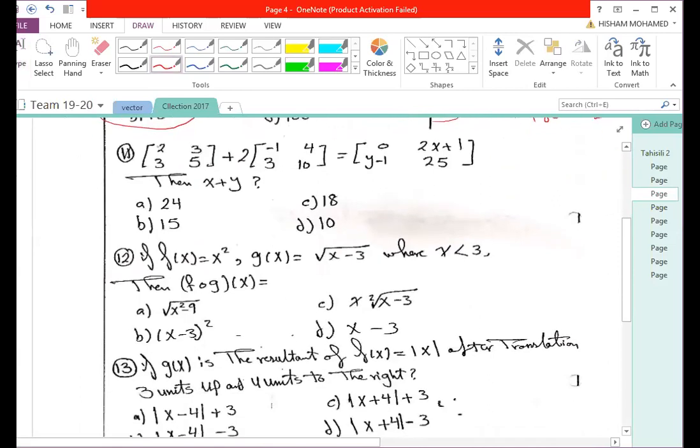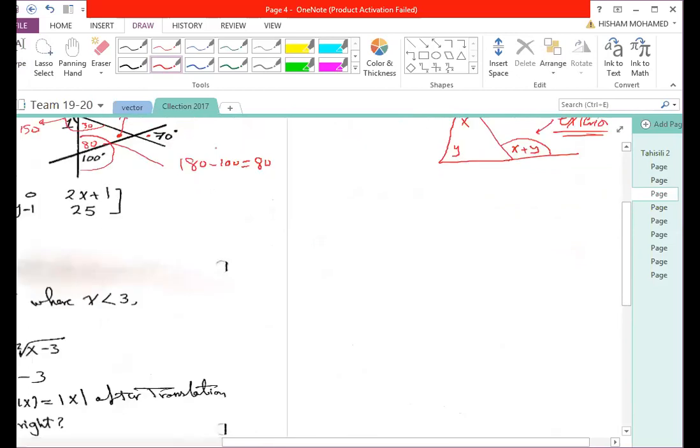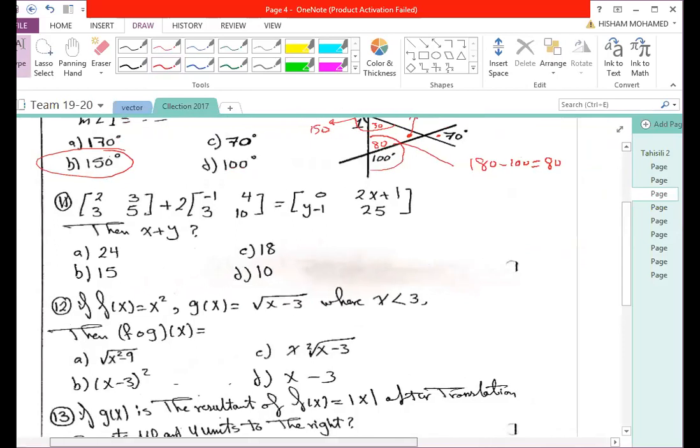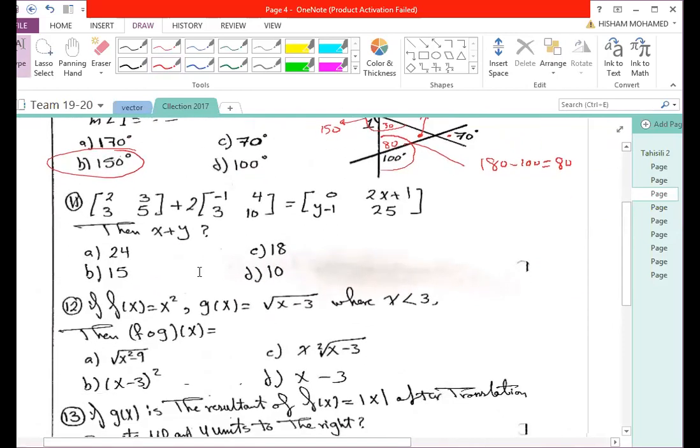Number 11, the matrix 2, 3, 3, 5 plus 2 times the matrix negative 1, 3, 3, 10 is equal to this matrix. So first, I need to add these two matrices. Let's multiply the second matrix by 2. So this one will be negative 2, 6, 6, and 20.